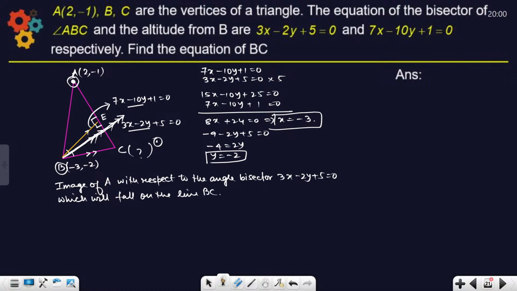I mean the image of A will definitely fall on the line BC. So let me find out the point using the shortcut formula.